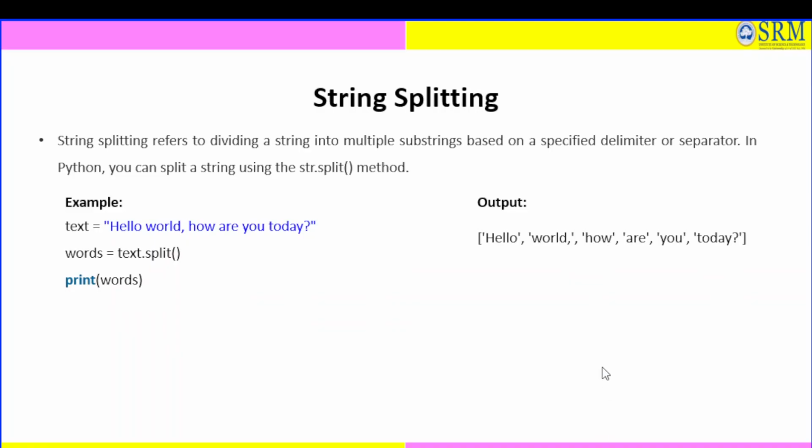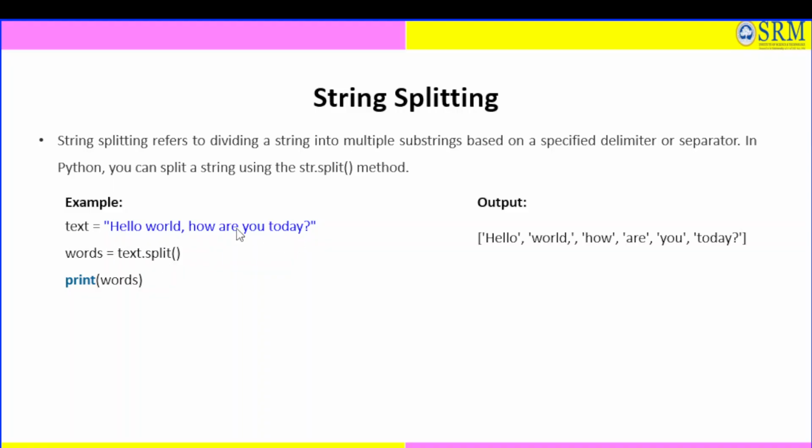Then string splitting. Splitting, as the name implies, is used whenever you want to divide a string into multiple substrings, and it can be achieved by using the split method. Again, split is a built-in method. In the text I have 1, 2, 3, 4, 5, 6 words: hello world, how are you today?